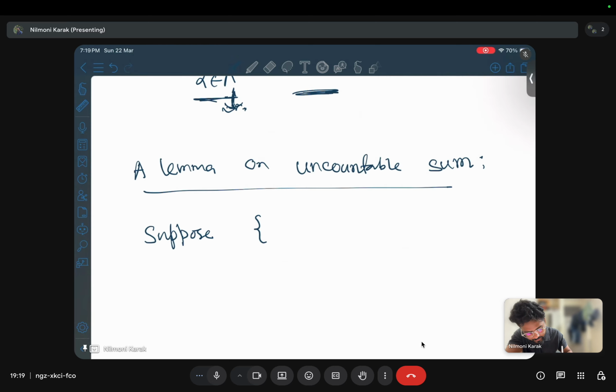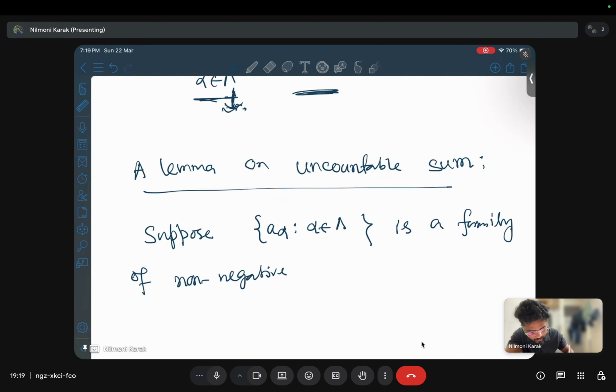Suppose A alpha, alpha belongs to this, is a family of non-negative real numbers.